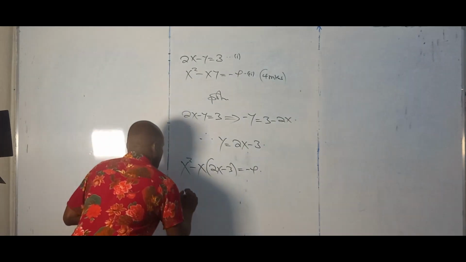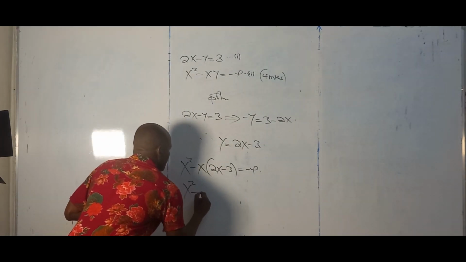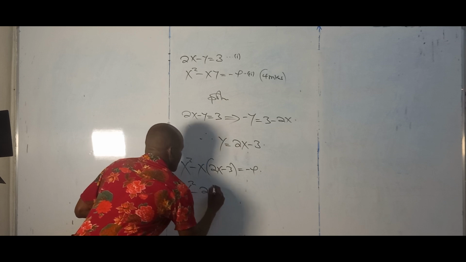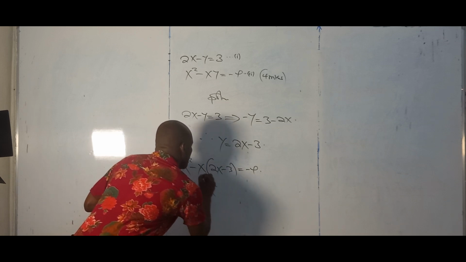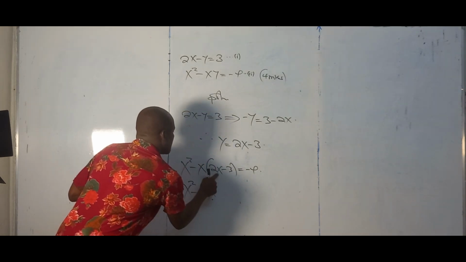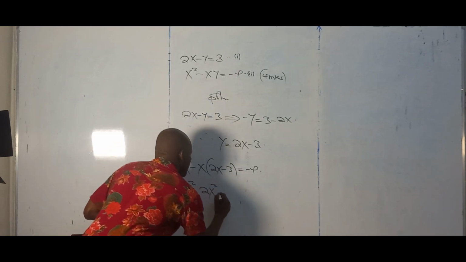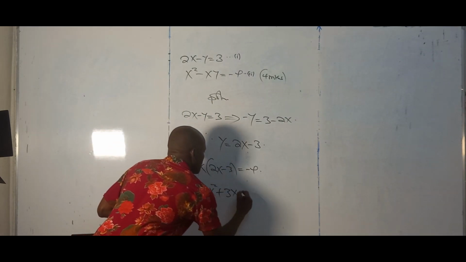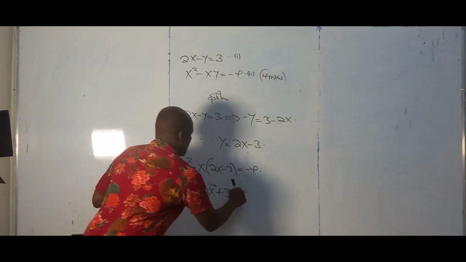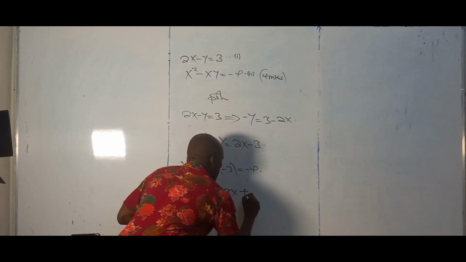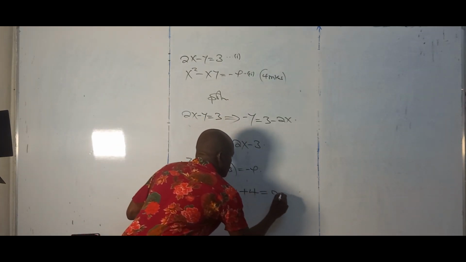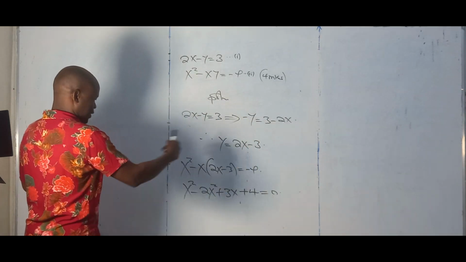If you expand this, it's x squared minus 2x squared plus 3x plus 4 is equal to 0. I've brought it to this end.